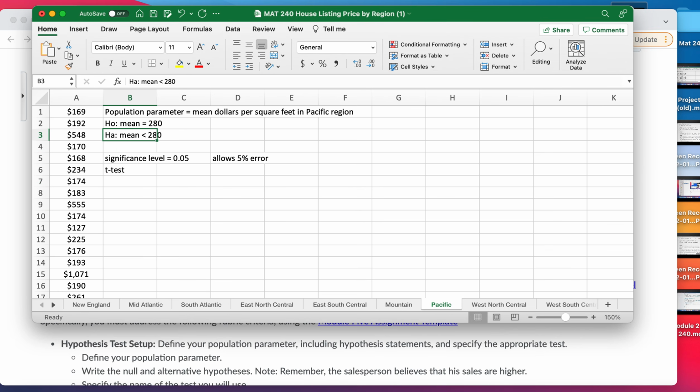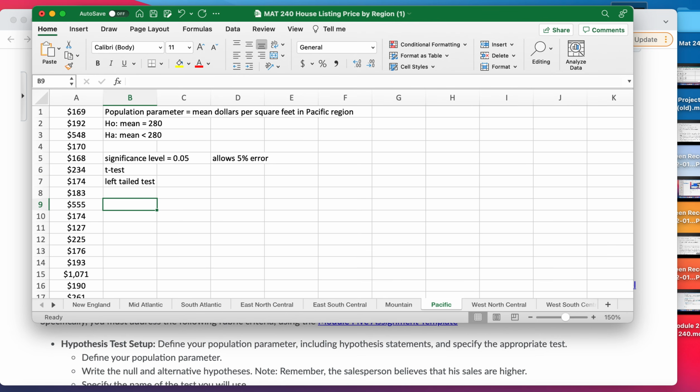The HA always tells you what type of test. It matches HA. Less than, this is a left-tailed test. And our significance level is 0.05.